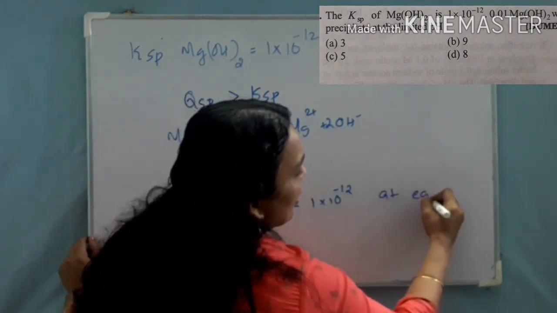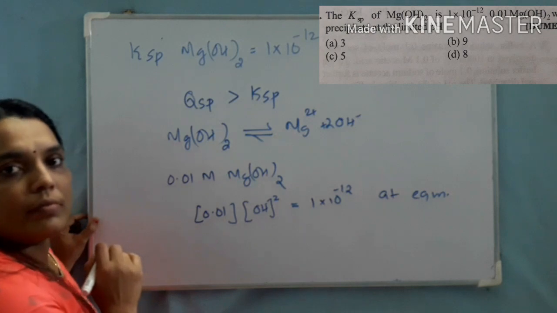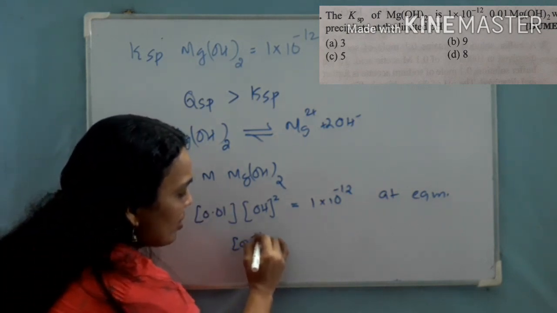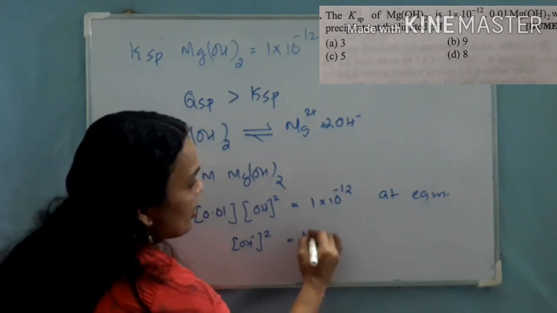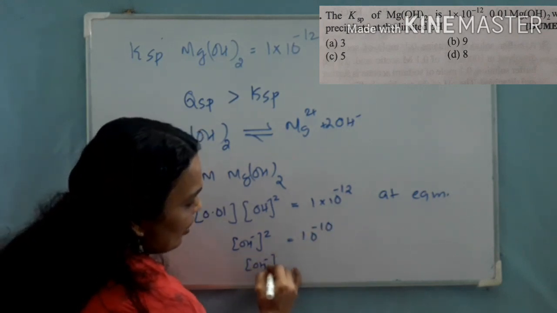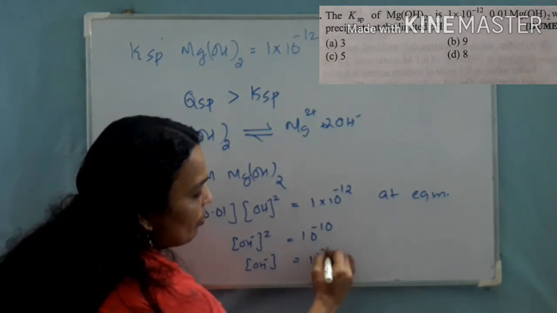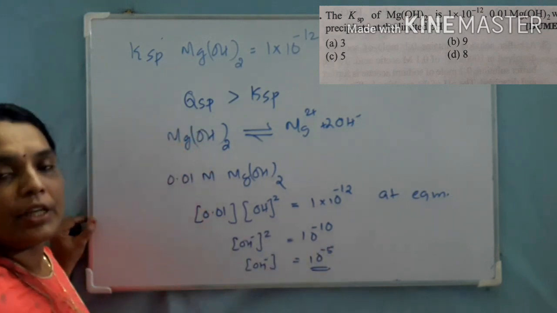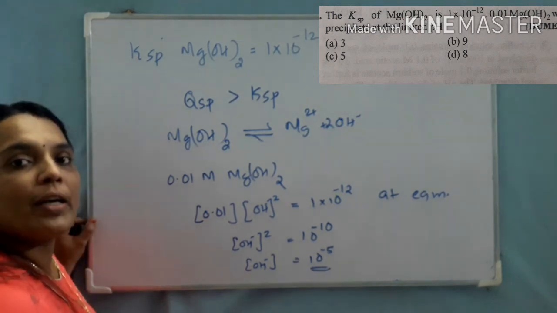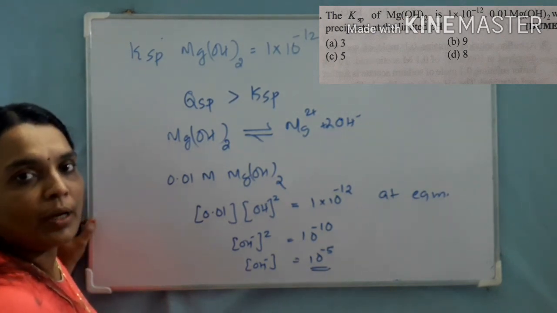Then the molar concentration of OH minus squared is equal to 10 raised to minus 10, or OH minus ion concentration is equal to 10 raised to minus 5. At equilibrium, the concentration of OH minus ion is equal to 10 raised to minus 5.